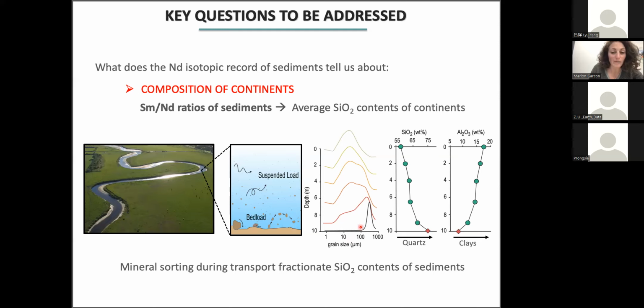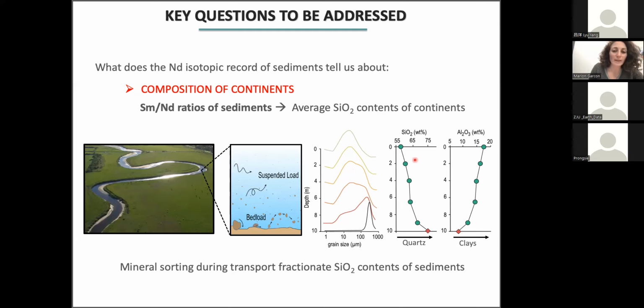So you tend to have coarser fractions at the bottom, which is the bed load, and then finer fractions in the suspended load. And this generates a mineralogical sorting in the columns.